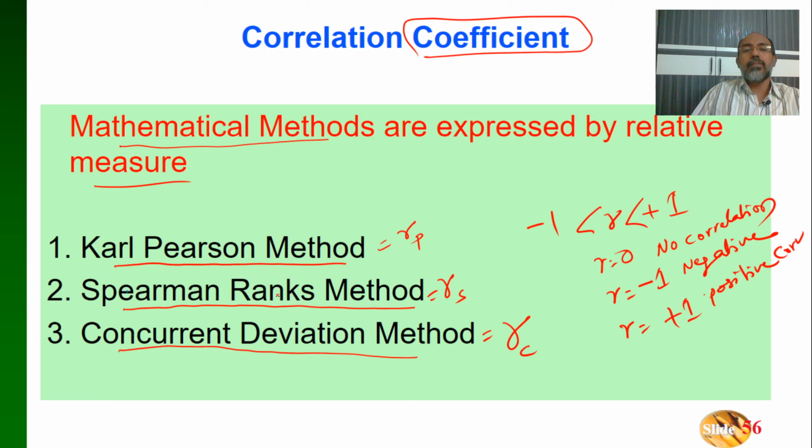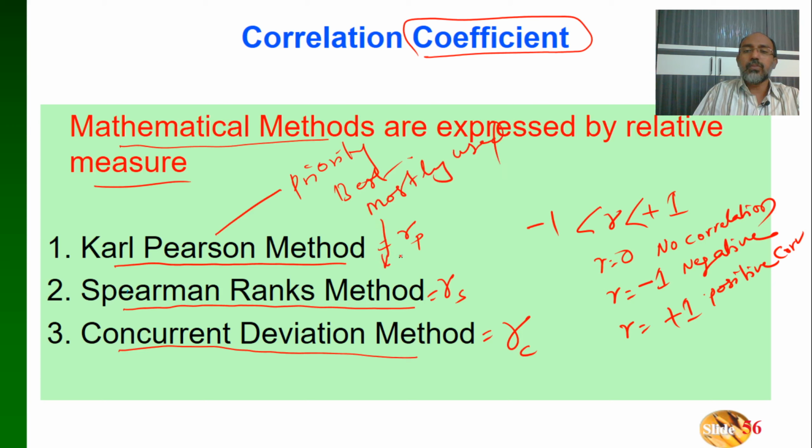The concurrent deviation method is one among the methods to calculate the correlation coefficient. After Karl Pearson and Spearman rank, the third one is concurrent deviation. Karl Pearson is the priority method, the best and most used method.